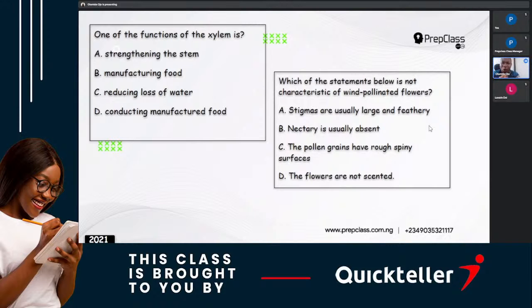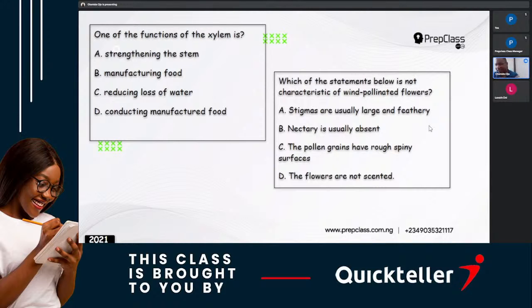So let's look at the options now. It says one of the functions of the xylem is: A, strengthen the stem; B, manufacture food; C, reducing loss of water; D, conducting manufactured food. The answer is A, strengthen the stem.